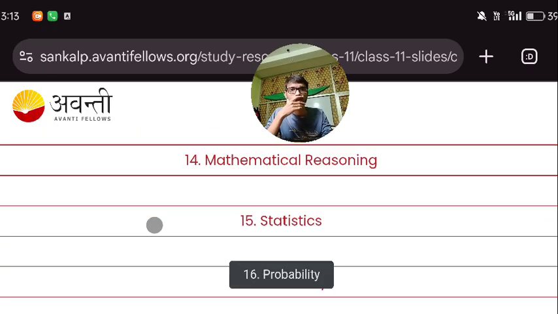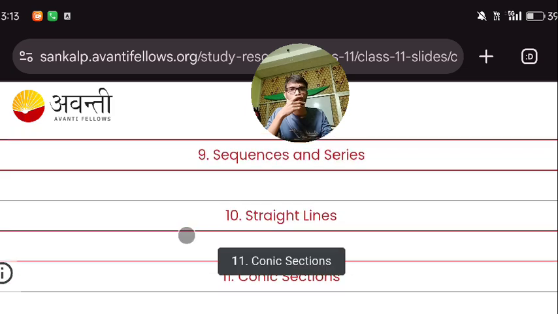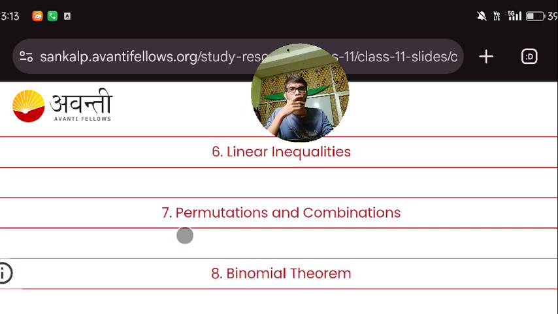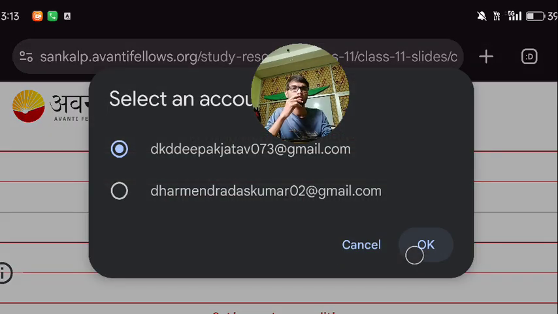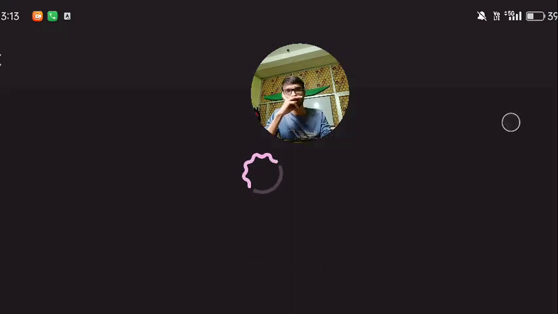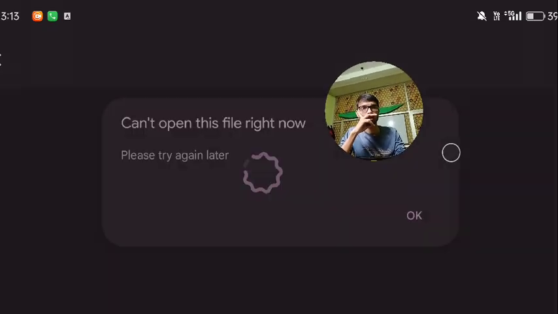Let's see. Complex number. It was not working. Will it still not work?